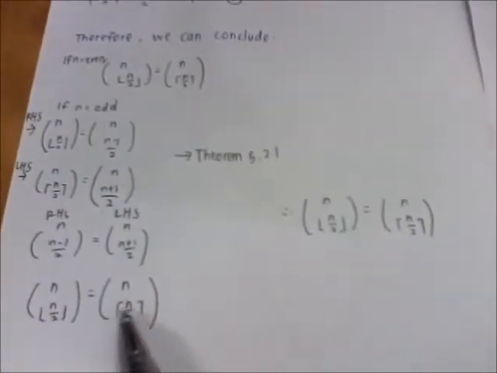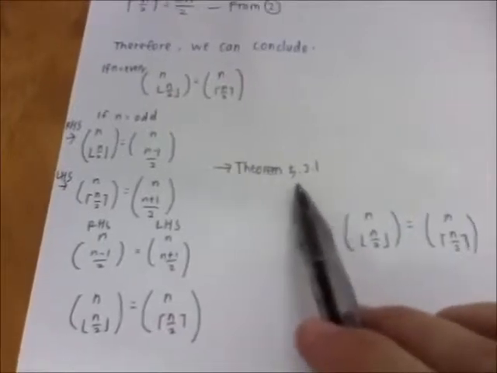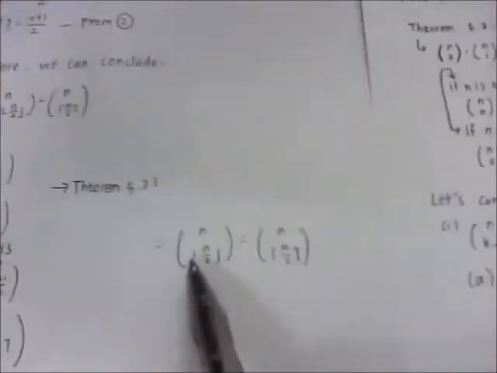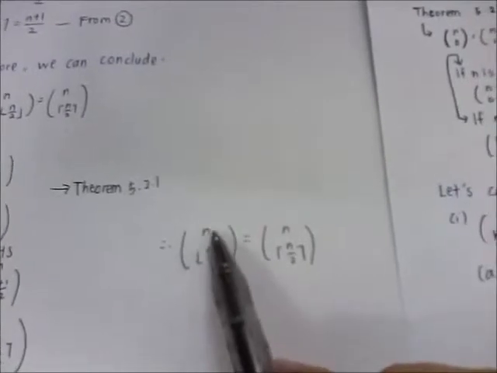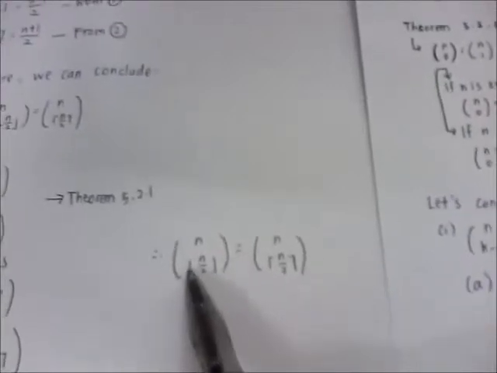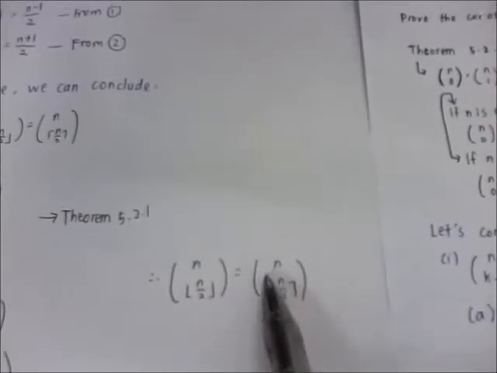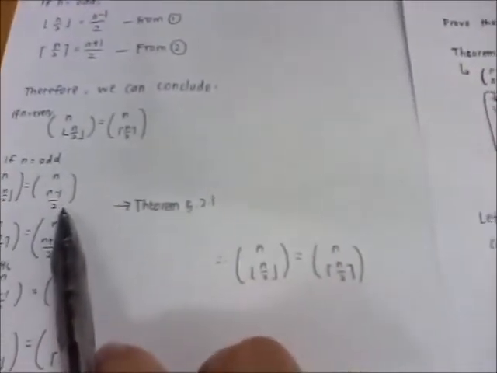Now that we have proven the right hand side and the left hand side are the same from theorem 5.2.1, we can say that this corollary, the n of the floor of n over 2, is the same as the n of the ceiling of n over 2. This is true because we have proven it for the even case and for the odd case.